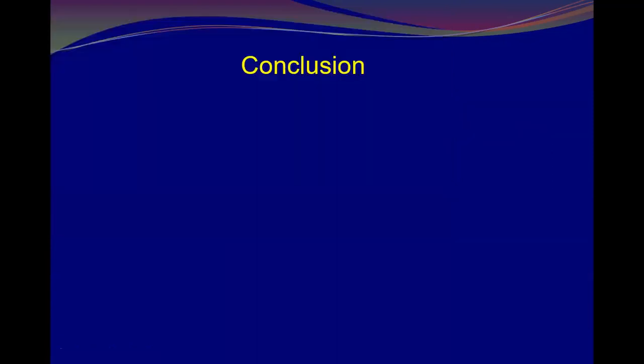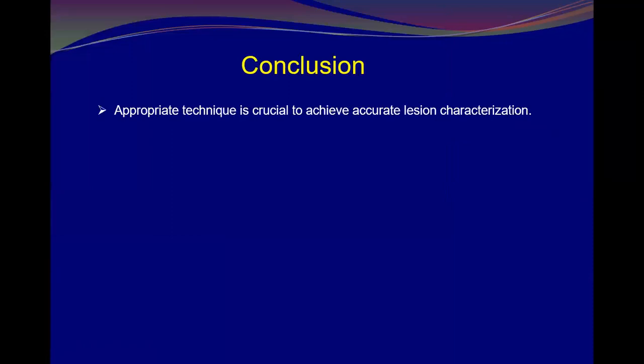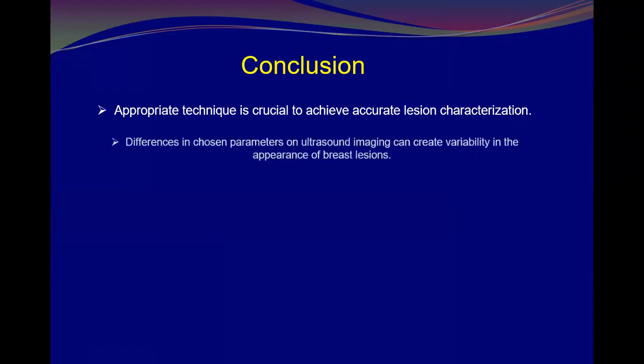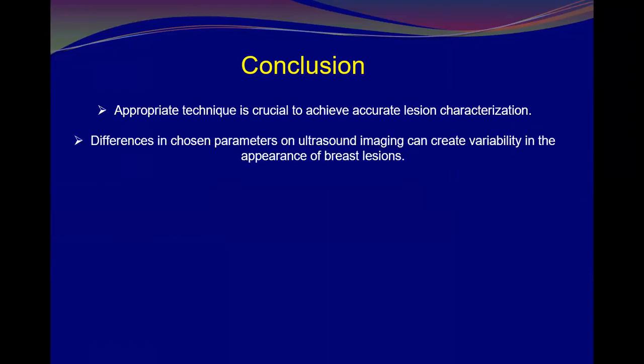So to summarize what we have said. Appropriate technique is crucial to achieve accurate lesion characterization. Differences in chosen parameters on ultrasound imaging can create variability in the appearance of breast lesions. Do you agree?